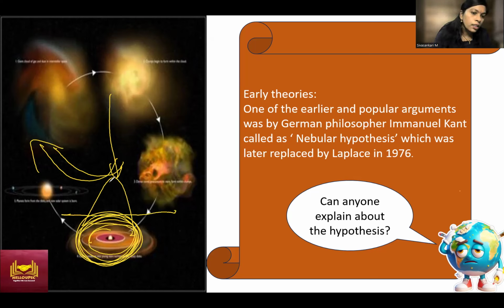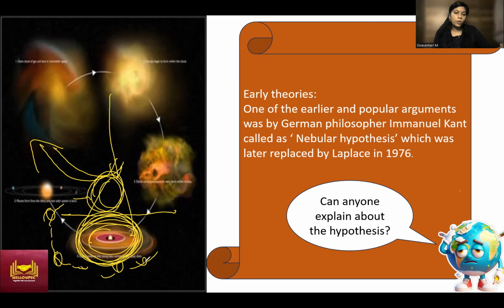This was the earlier hypothesis, called the nebular hypothesis. This was given in the NCERT book, so I have made it in a simple way. This nebular hypothesis was a widely accepted earlier theory. Later, there was one modern theory. Although there were a lot of theories, this particular theory, which we will discuss now, has stolen the show.